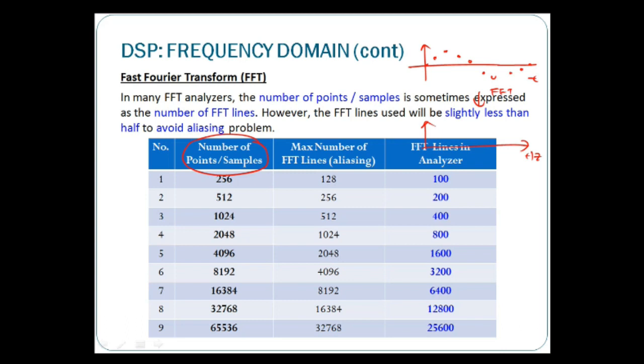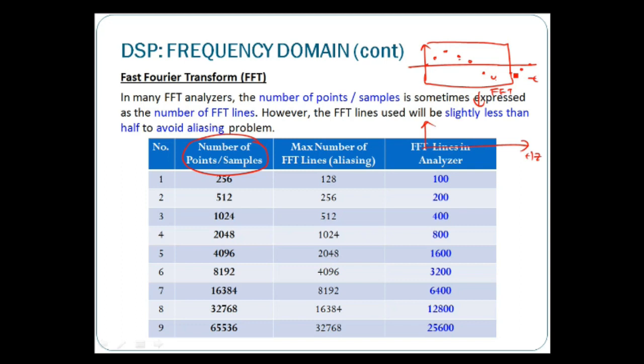So for example, here I want to take this size, 1, 2, 3, 4, 5, 6, 7, 8 samples, to be converted as one block of signal, and I want to convert it to the frequency domain.